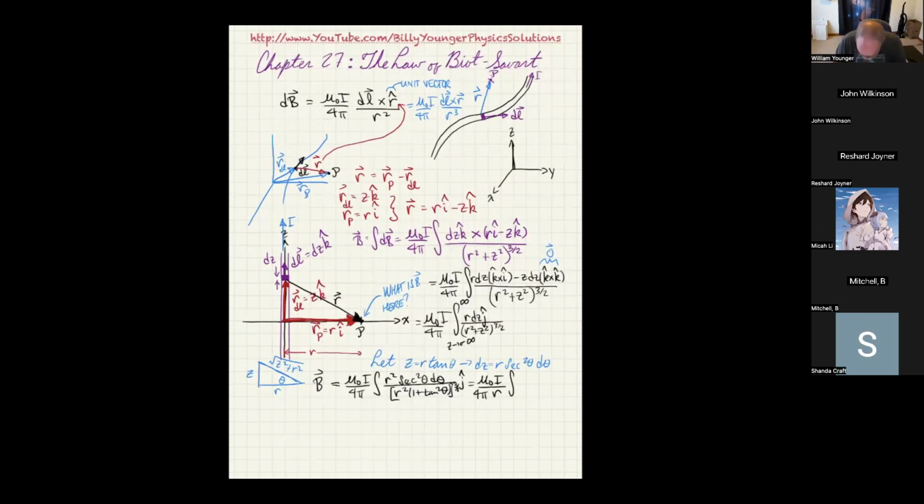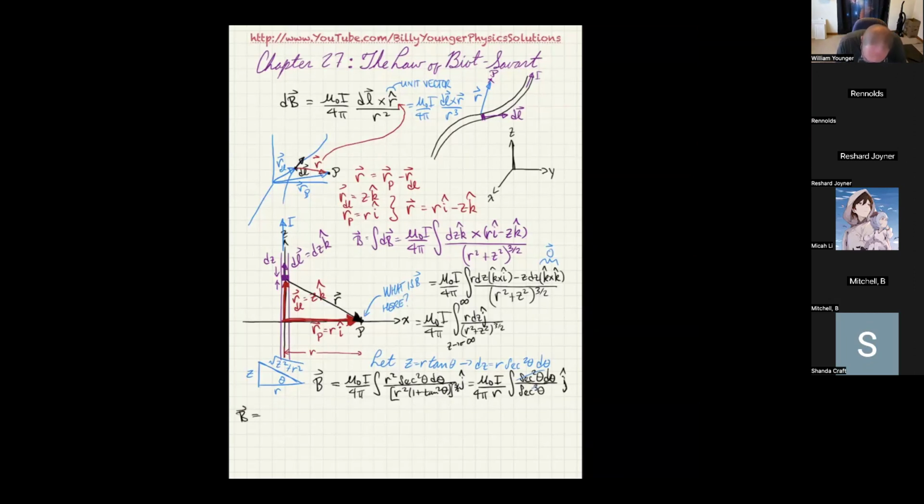And that secant squared is raised to the 3 halves power, so that's going to be secant cubed theta under secant squared theta d theta, all that times j hat, like that. And lo and behold, you are getting rid of all of the secants except for one in the bottom. And of course, 1 over secant theta is cosine theta.